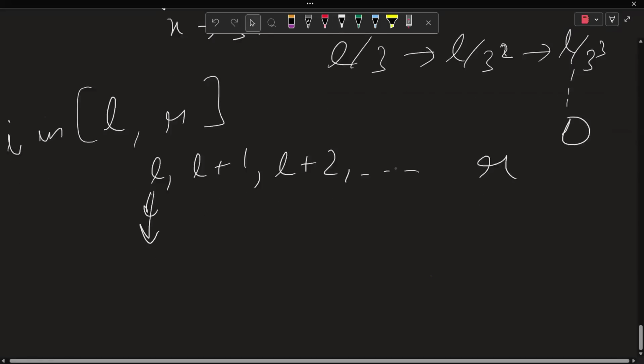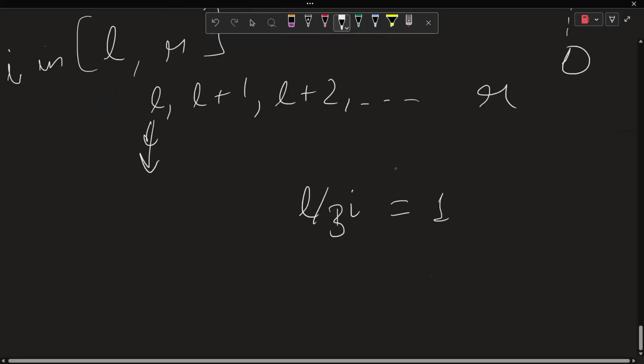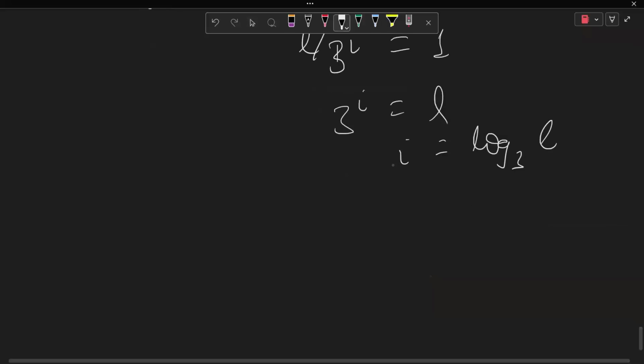So finally, you can say that after i steps, L would be reduced to L by 3 to the power i, and we are saying that this is equal to 0, or it would get equal to 1, 2, 3, something like that after some steps. So you can say that 3 to the power i is actually L, and i is log base 3 of L. So for any number x, it would fall to 0 in log base 3 of x steps.